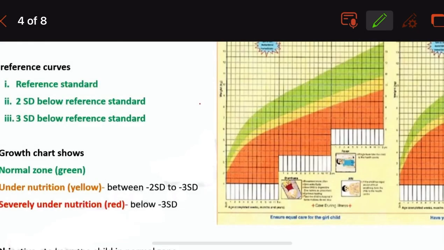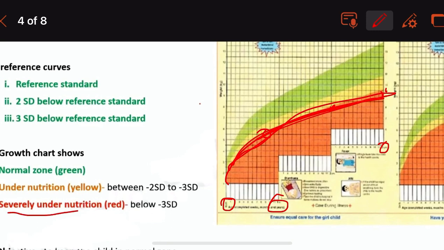The last and most dangerous part is when the baby's weight at 1 year is 4.55 kgs, at the end of 2 years it is just 8 kgs, and by the end of 3 years it is 8.2 kgs or only 8 kgs. When the curve is following under the red zone, it shows that the baby is severely undernourished.